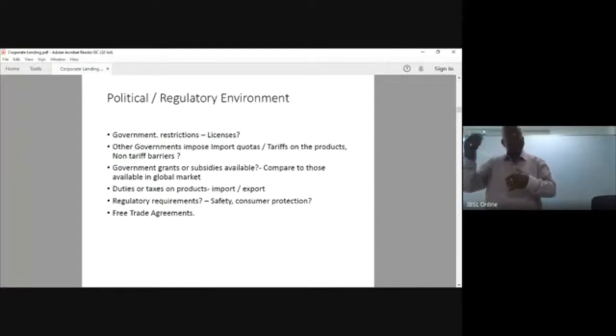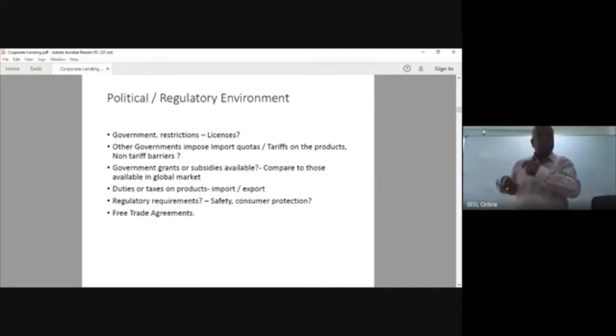Tariff barriers mean duties, etc. Non-tariff barriers mean the quality of the product to be imported.